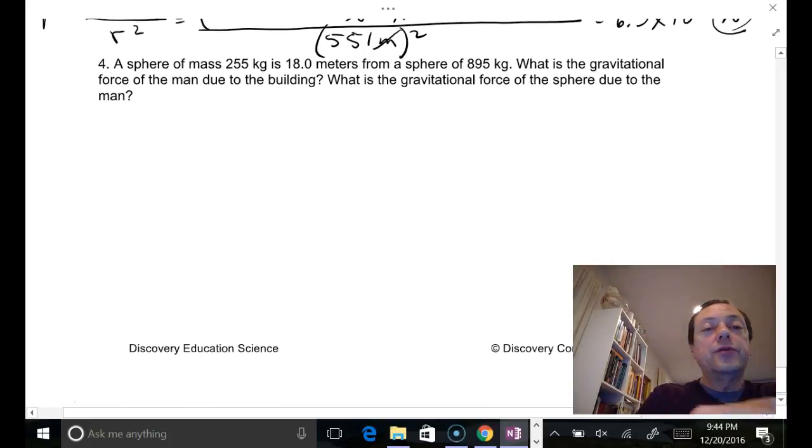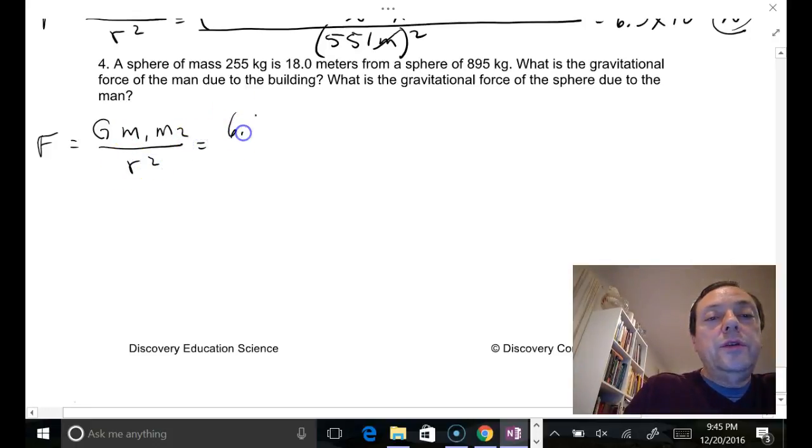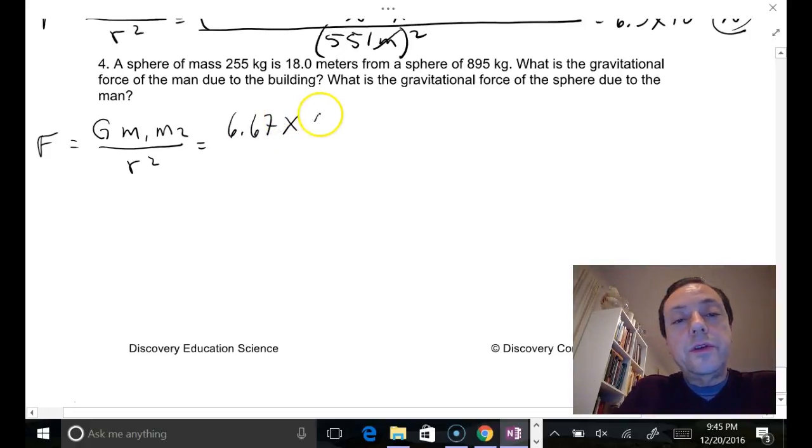Okay, let's try the last one. So force is G m1 m2 over r squared. Our G, the universal gravitational constant, is the same.